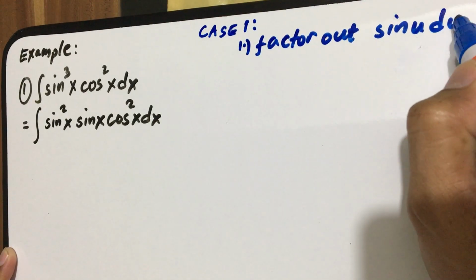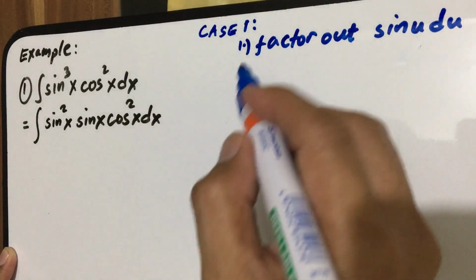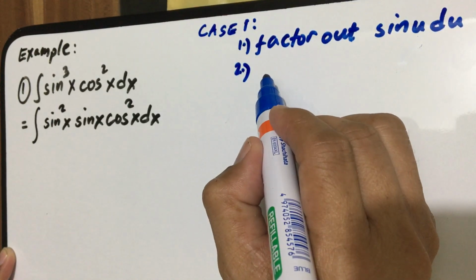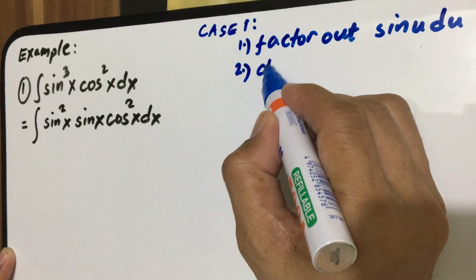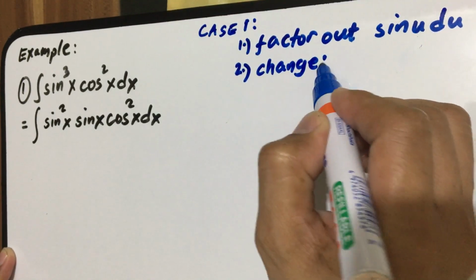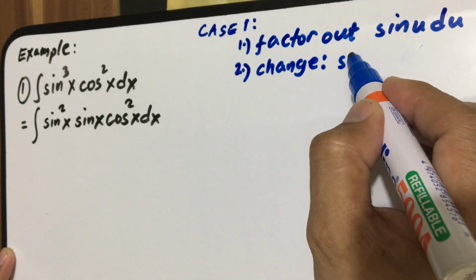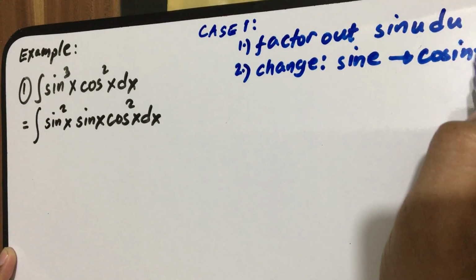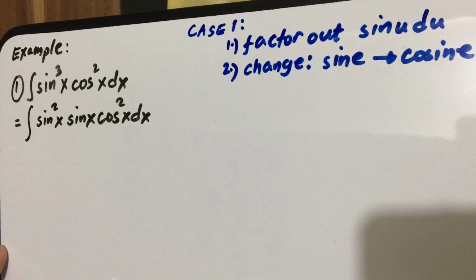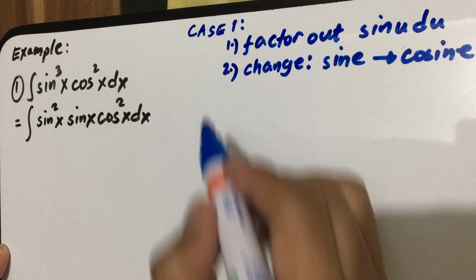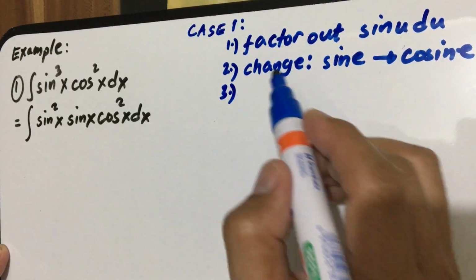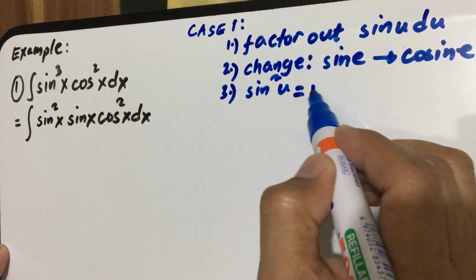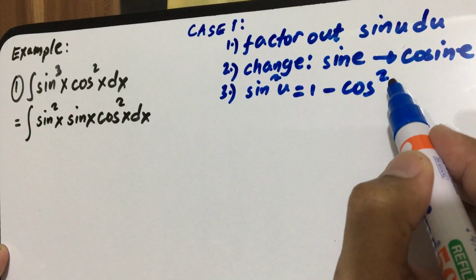Then after that, the second step is to change sine to cosine, and to change it we use the identity sine squared u equal to 1 minus cosine squared u.